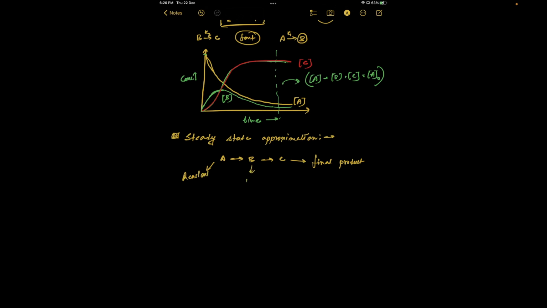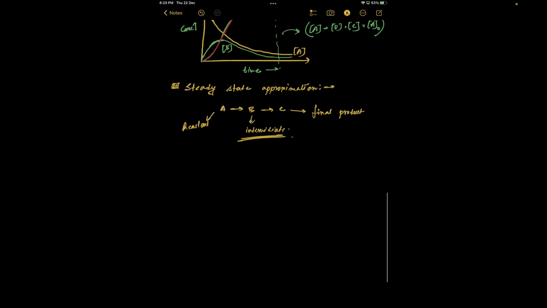B is the intermediate step or intermediate product. Let's say the rate constant for the first step is K1 and for the second step is K2. Let's consider K2 is much greater than K1. That means the rate constant for this step is very large, so this step is very fast compared to the A to B step.